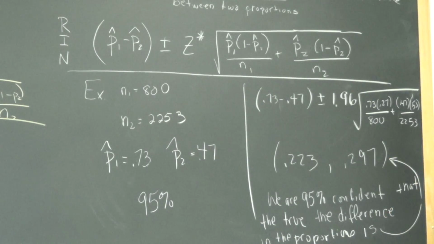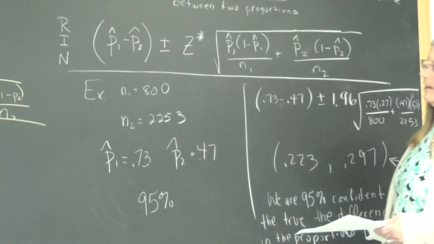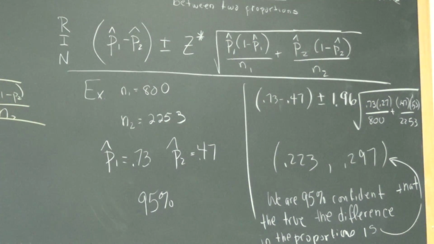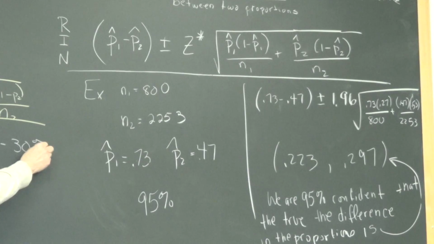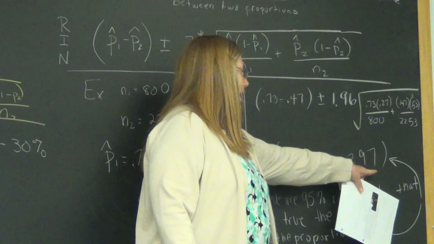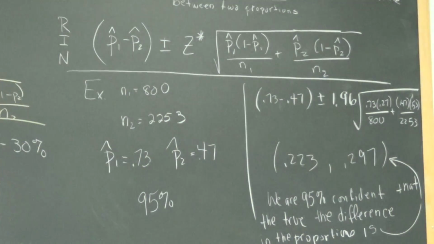It is in there somewhere. So what's that saying in real life? Between what and what percent? Does this mean there's more teens or more adults that use social media? So in real life, from this interval I got 22%, and from that part of the interval, I got 30%.